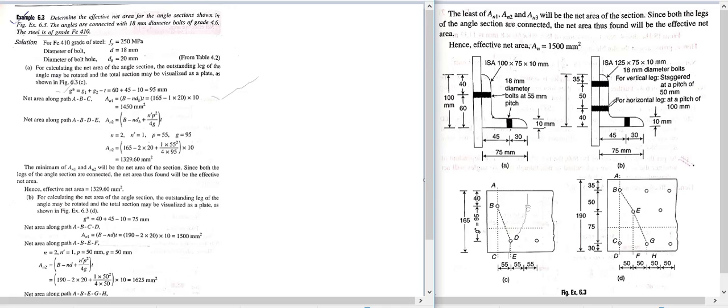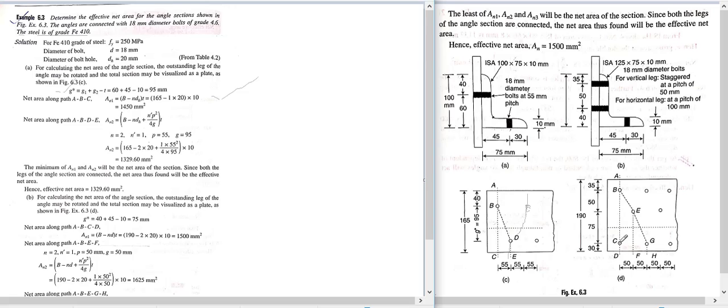If you put a bolt here and the next bolt here, the spacing between the two bolts should be 50 millimeters, and so on.